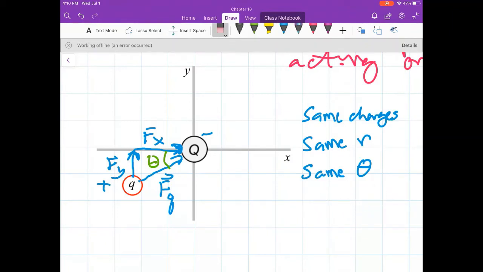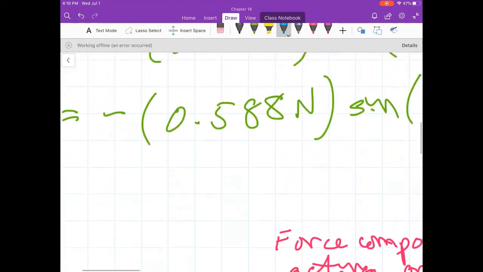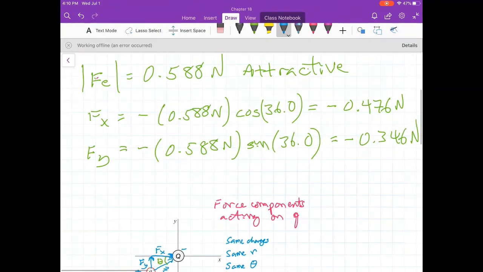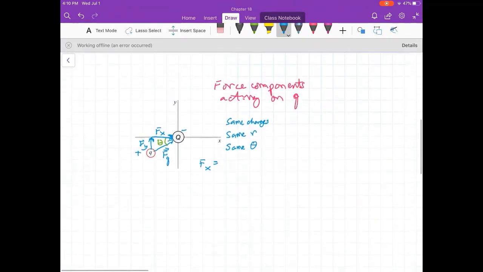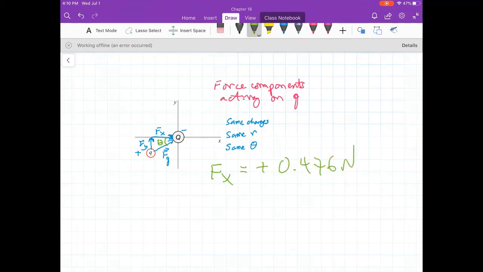But now we would find Fx, instead of negative 0.476, we would find with this problem Fx is plus 0.476 Newton.